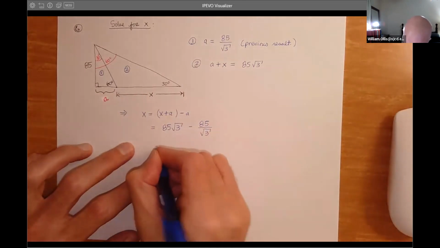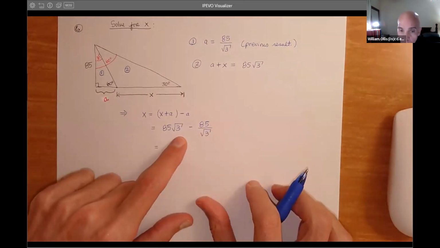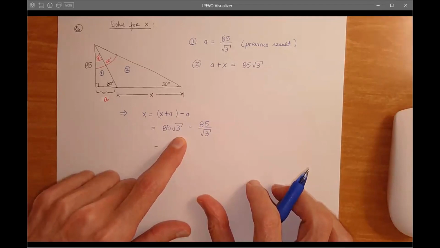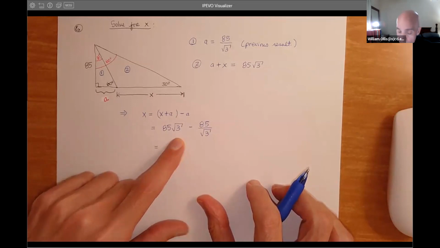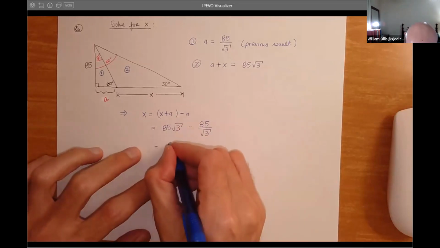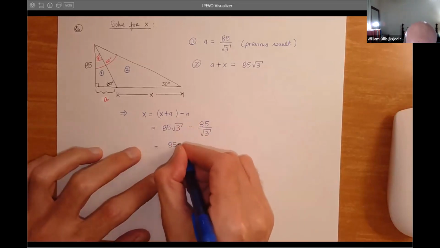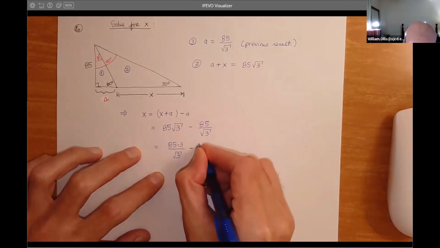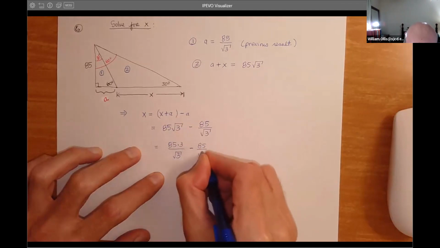And now we can do the same thing we did before, get a common denominator. Okay, somebody help me out. What's root 3 times root 3? Anybody? What's root 3 times root 3? 3. Excellent. Kong, you get 3 points. So 85 times 3 over root 3, minus 85 over root 3.